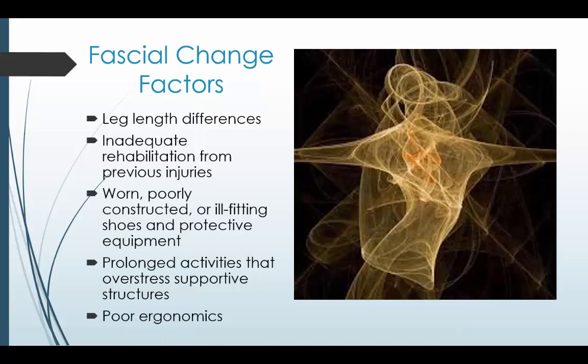There are a number of other factors that result in fascial changes and affect performance or produce pain. Some of these examples may include leg length differences, inadequate rehabilitation from previous injuries, worn, poorly constructed, or ill-fitting shoes and protective equipment, prolonged activities that overstress supportive structures, and even poor ergonomics.